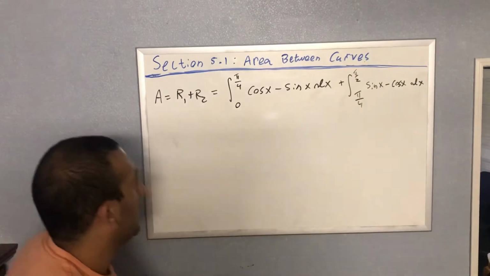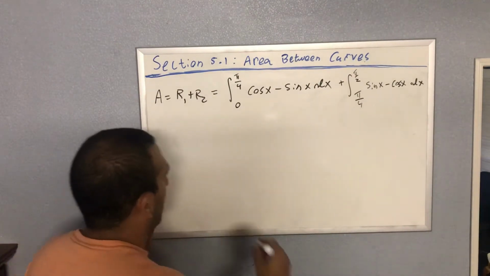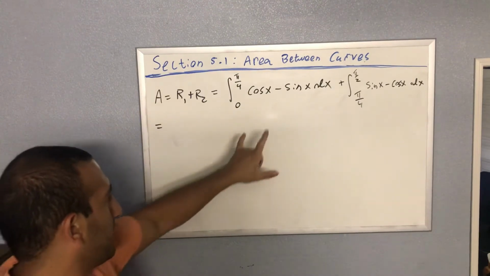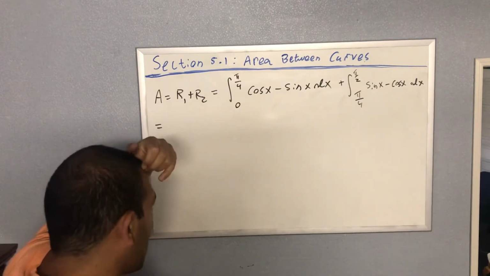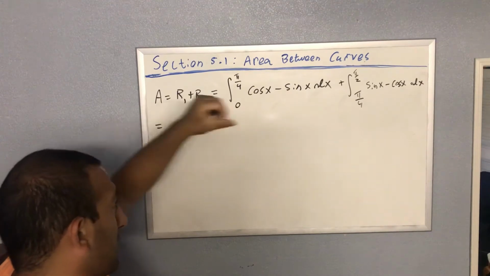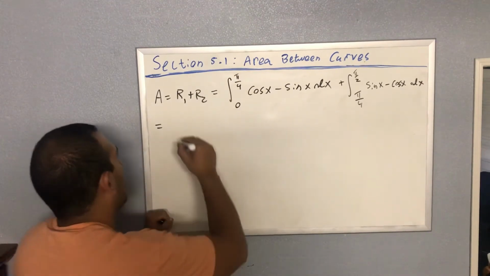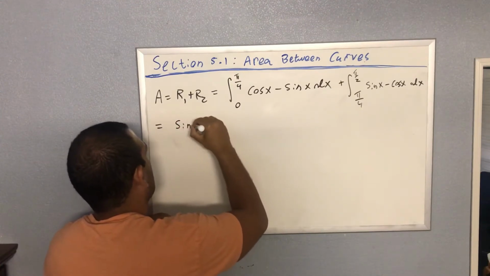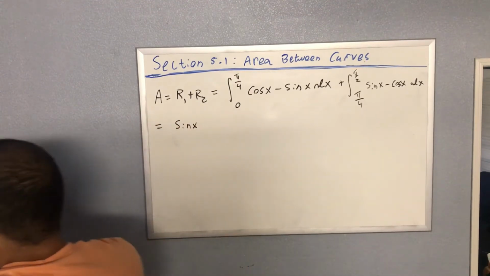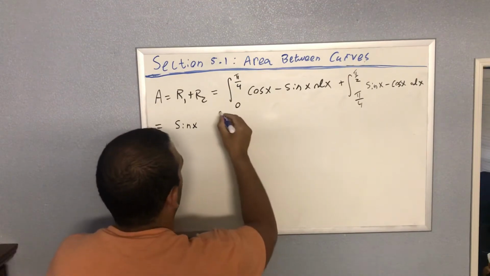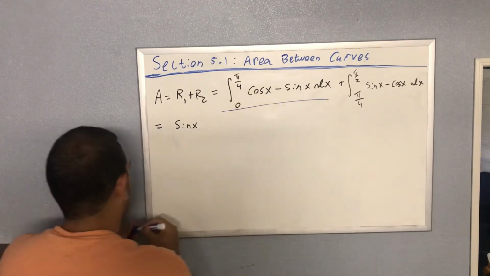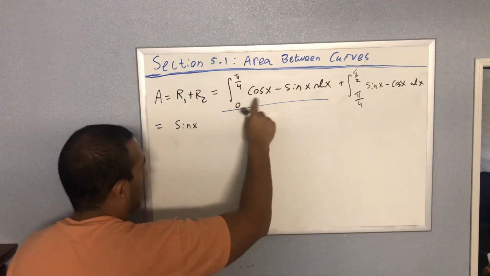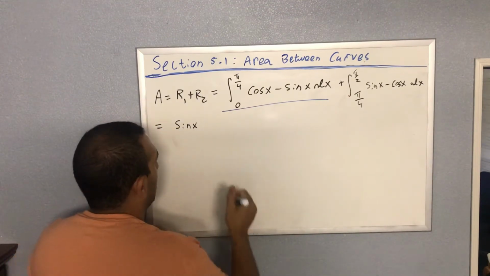So now all we have to do is a little bit of calculus. So if you recall, what are the antiderivatives of these two? So the integral of cosine was just sine. So this becomes sine x. And maybe let me put this in colors. So we're tackling this one first. This is sine x. So the integral of cosine is sine.